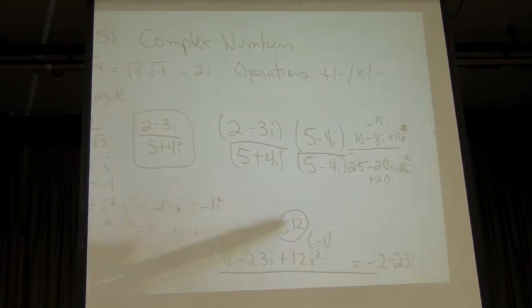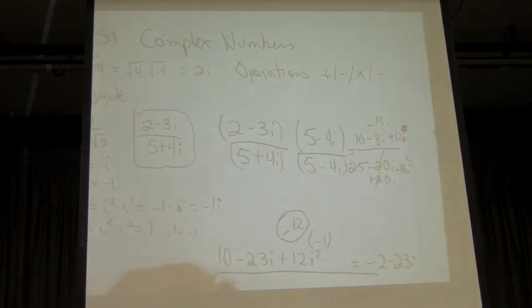In our denominator, the outer and inner terms cancel. We have 25 minus 16i squared. i squared is -1. That makes it 25 what? Plus 16. 25 plus 16 is 41.